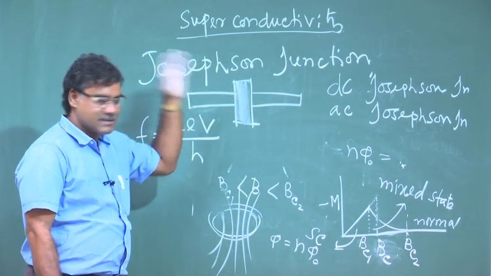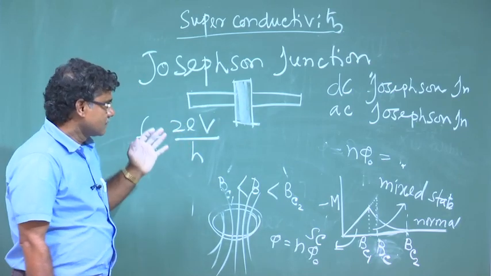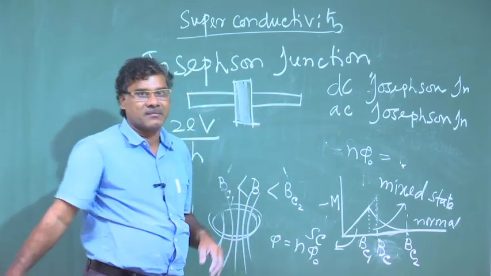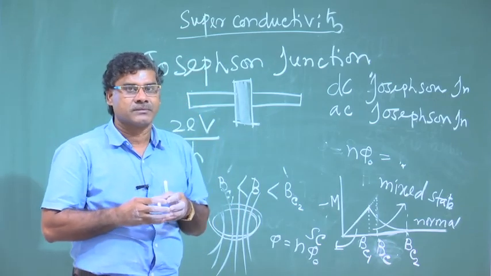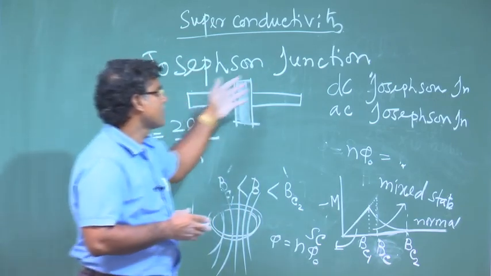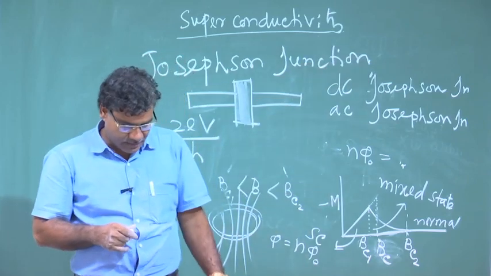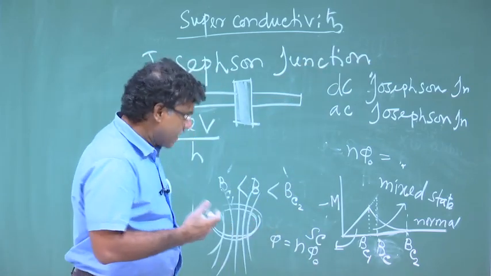And this Josephson junction, basically the two Josephson junctions, is used in this magnetometer, the SQUID magnetometer.